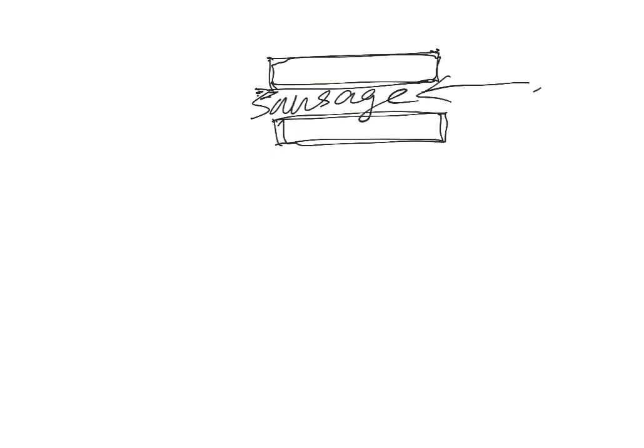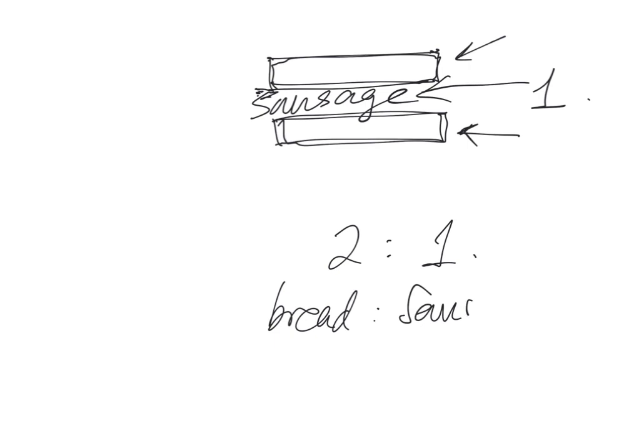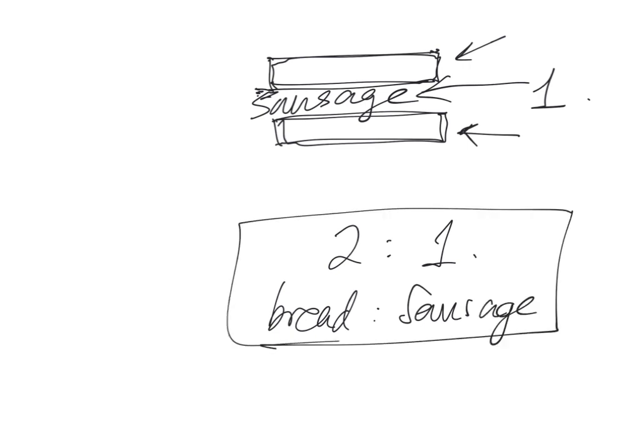So for every sausage, you need 2 of those. So it's like a 2-to-1 ratio of the amount of bread you need to the amount of sausage you get. So that's the ratio explanation with food. Again, we do math every day, so you see how we see that here. So 2-to-1 ratio there.